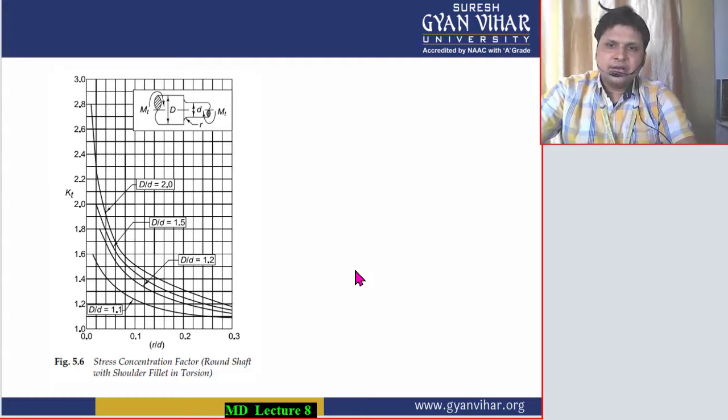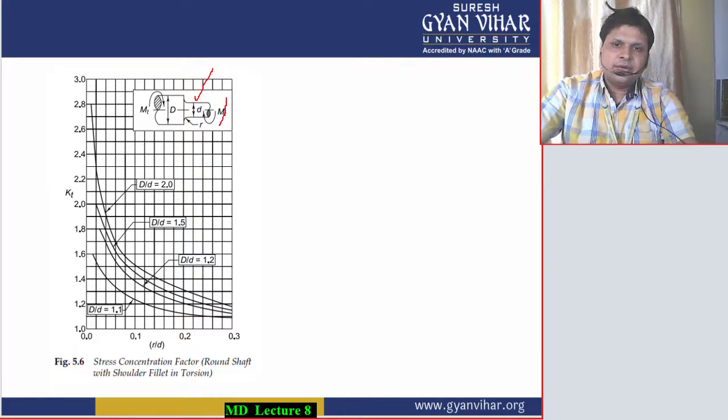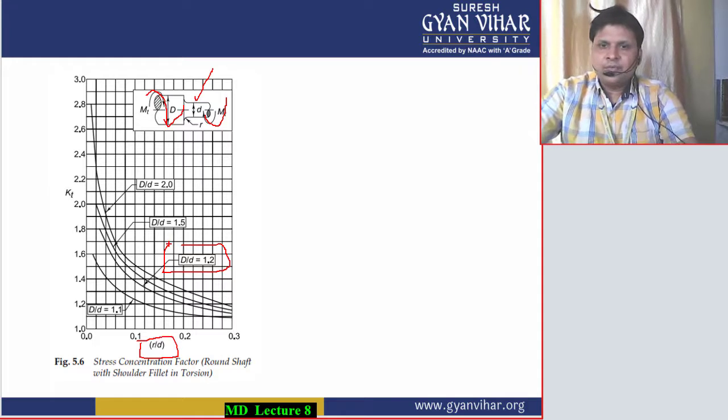All right, now this is the last diagram. If there is any twisting load applied on a shaft with a shoulder, then first you calculate r by D, the same fillet radius divided by the small diameter. Then you calculate capital D by small d, where capital D is the larger diameter divided by the smaller diameter.